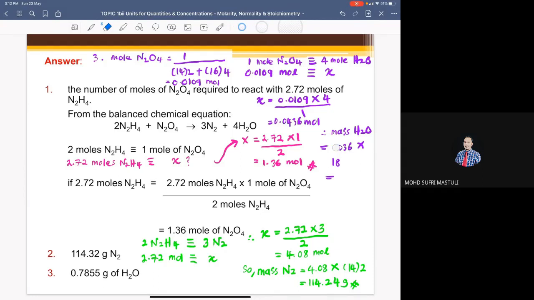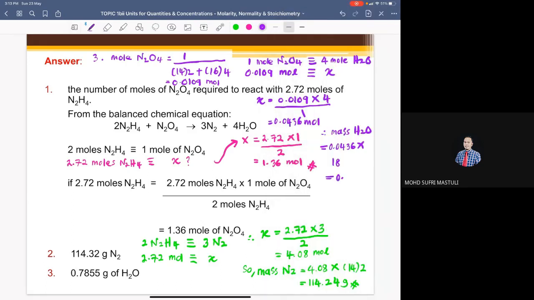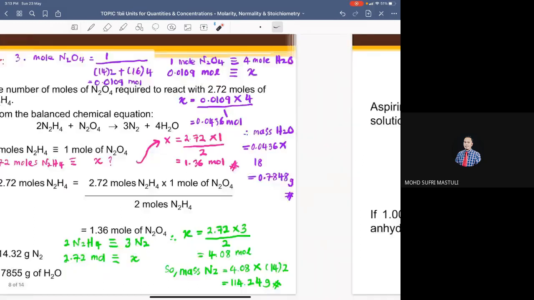Okay, so this one should be 0.0436 times 18. So the answer is 0.7848 grams. Okay, so it's almost similar.